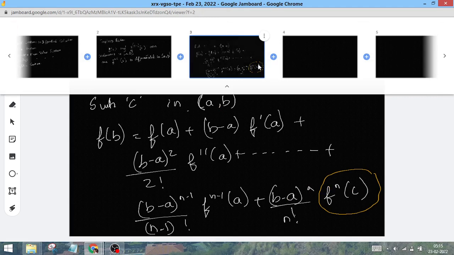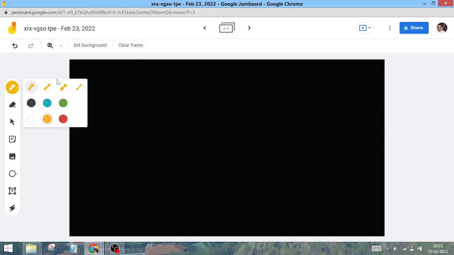So to understand Taylor's theorem even better, let's try solving a particular problem and analyze how this theorem works.